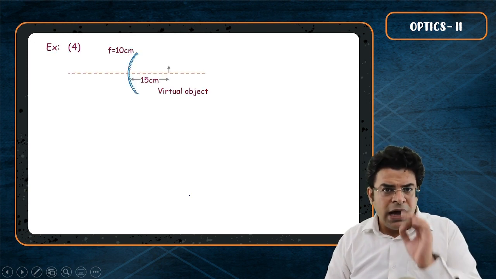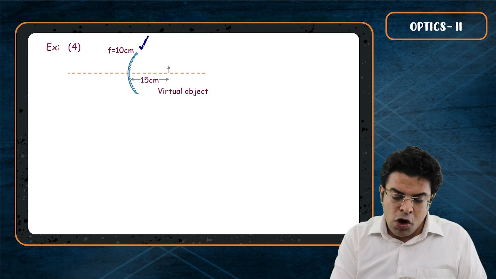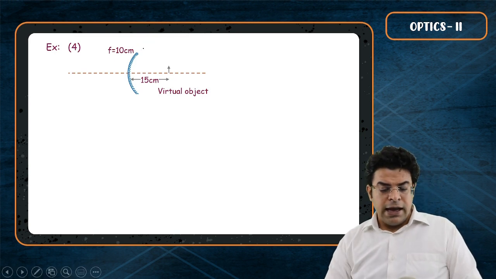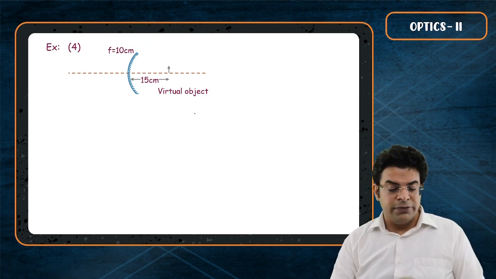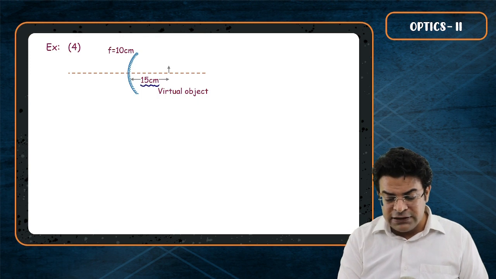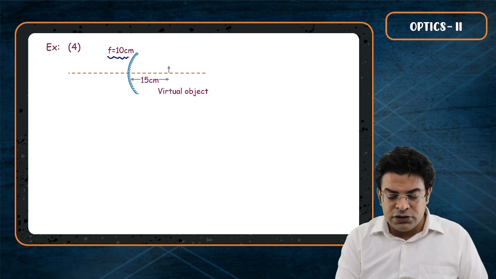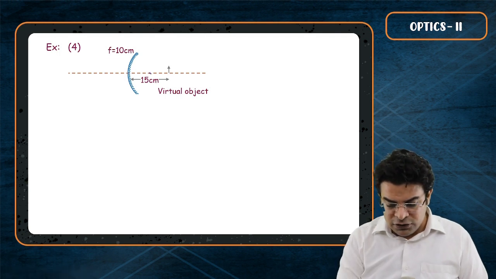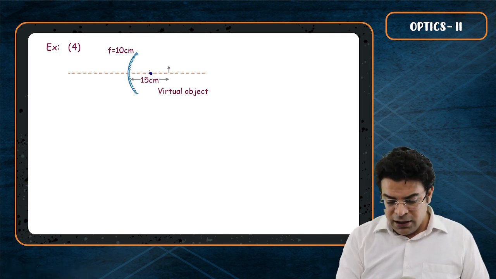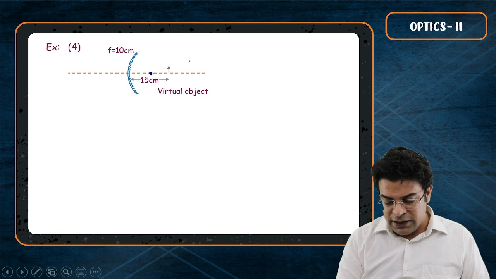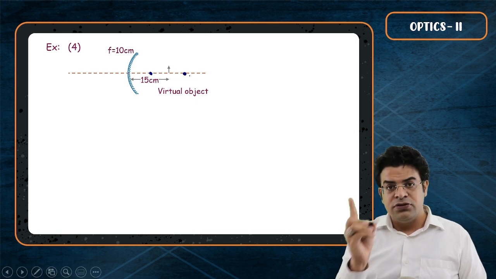This time I have given you a convex mirror and you have got a virtual object placed at a distance of 15 centimeter from the pole of this convex mirror. The focal length of this convex mirror is 10 centimeters, so the focus will be somewhere here. So beta, if the focus is at a distance of 10, 2f will be at a distance of 20.